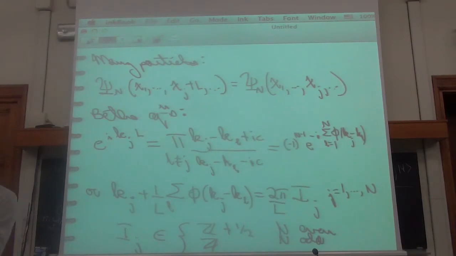Because if two or more of them are equal to each other, then the Bethe equations automatically tell us that their quasi-momenta coincide, and that gives us a wave function which is identical to 0, which we are not interested in.